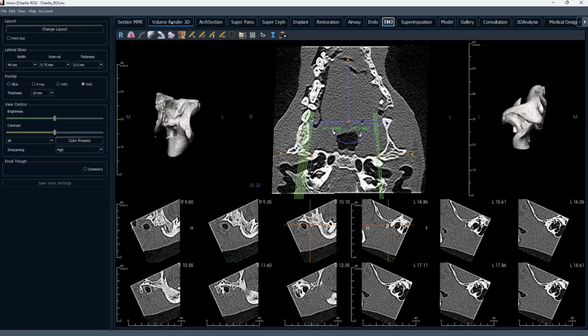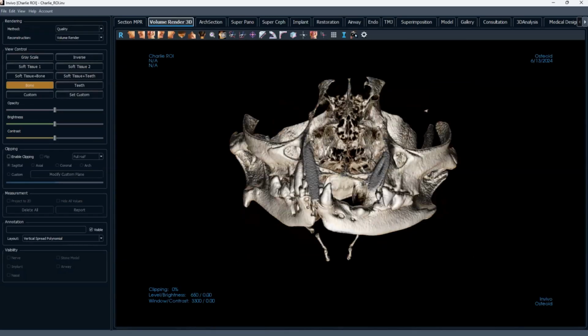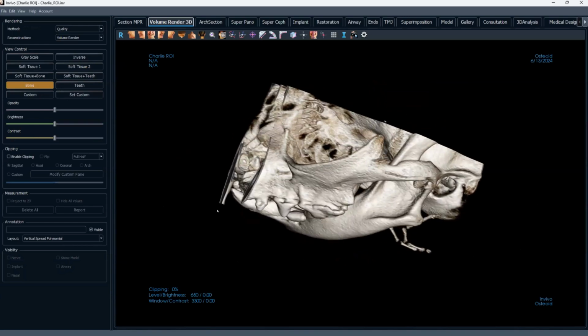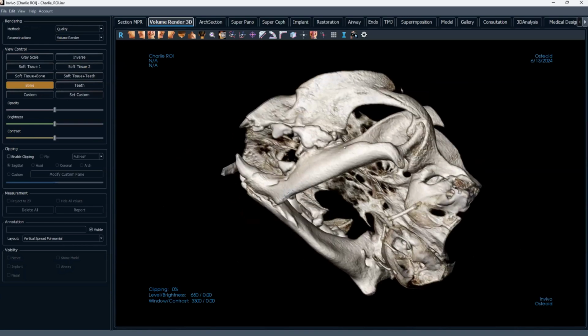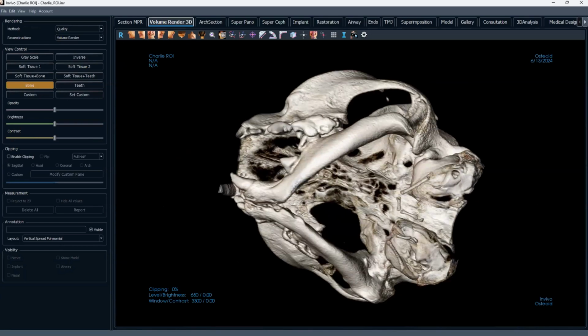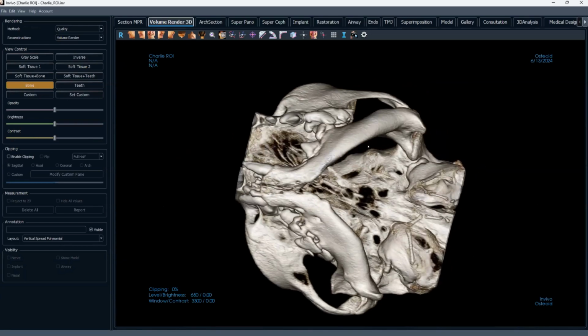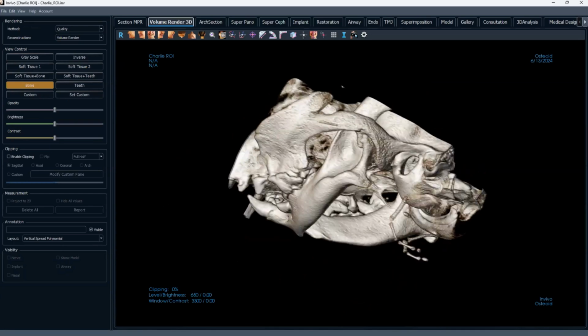We go back to the volume render on this region of interest. You can see, we'll do the bone render. We don't have the whole skull, we've selected part of it, but you can also see the rendering is much smoother, with much finer detail. A lot of conventional CT and some cone beam CTs have the ability to re-render at a higher resolution than their native resolution.